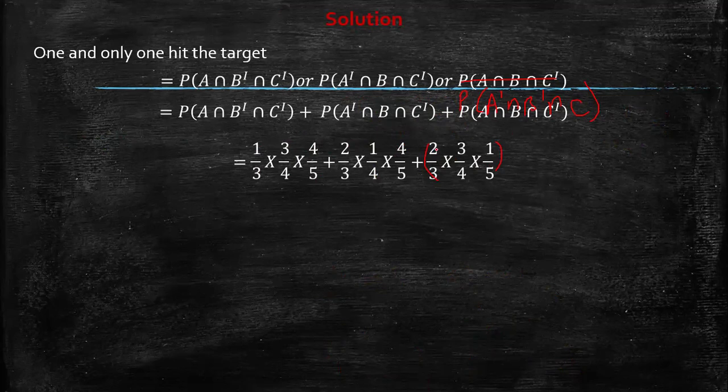Then A prime is 2 out of 3. B prime is 3 out of 4, and this is that. So here it is better for us to maybe have them in brackets so that we multiply. So 1 times 3 times 4, 12. Then 3 times 4 times 5.